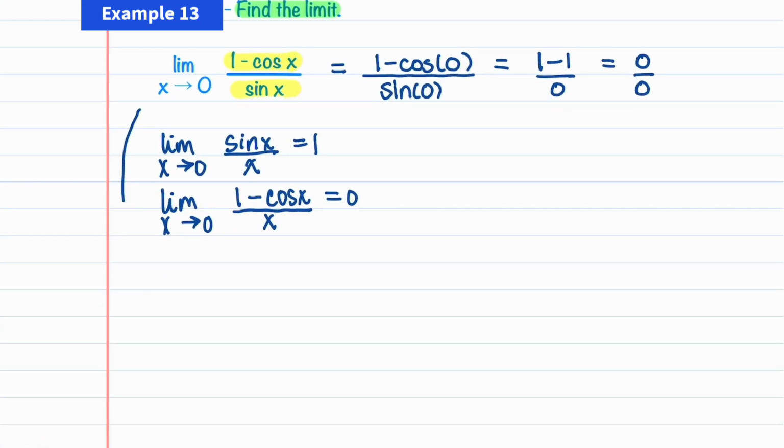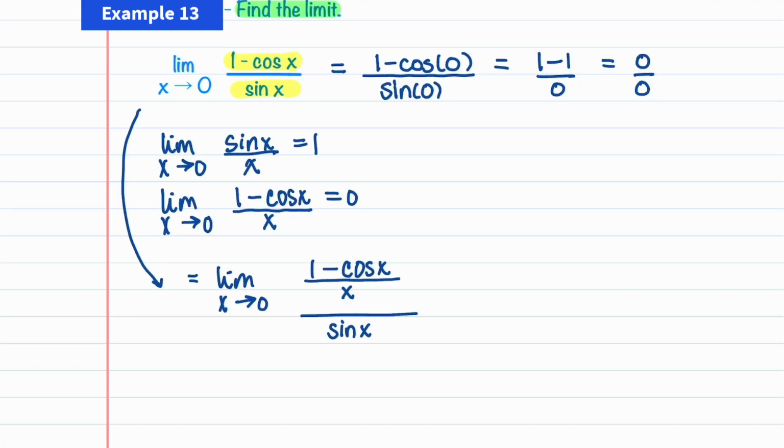Let's go ahead and let's go down here. I'll draw a little arrow here, and let's do that. So this is the limit as x goes to 0 of 1 minus cosine x all divided by x, all divided by sine x divided by x. We can do this algebraically because we're dividing both the numerator and the denominator by x.